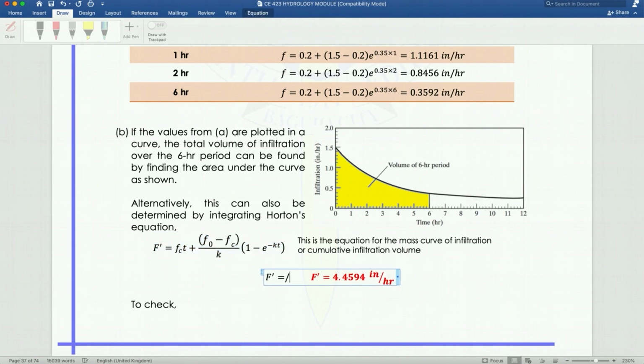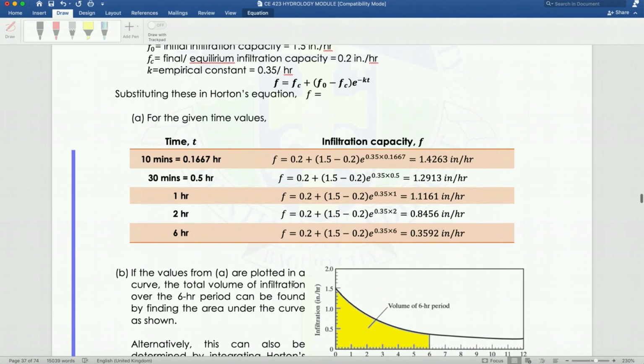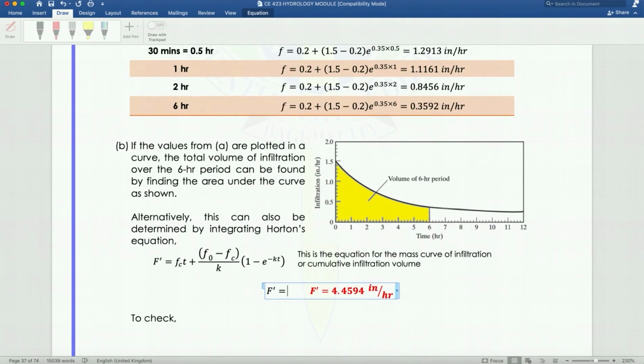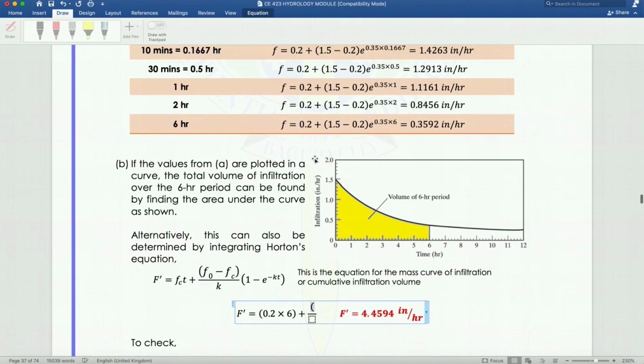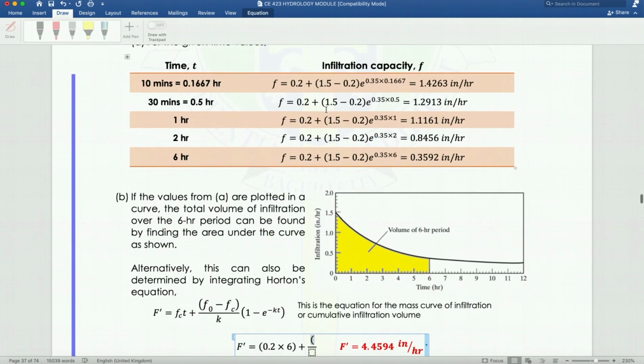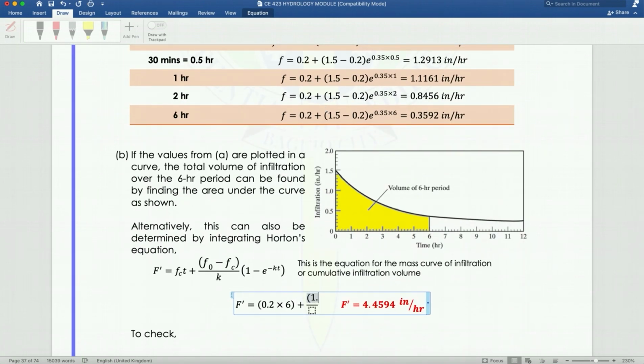Okay, so substituting, what is our fc? We have 0.2. So we have here 0.2 times the time, which is 6, plus what is our f naught and fc. F naught is 1.5 minus 0.2. So 1.5 minus 0.2 divided by what is our constant.